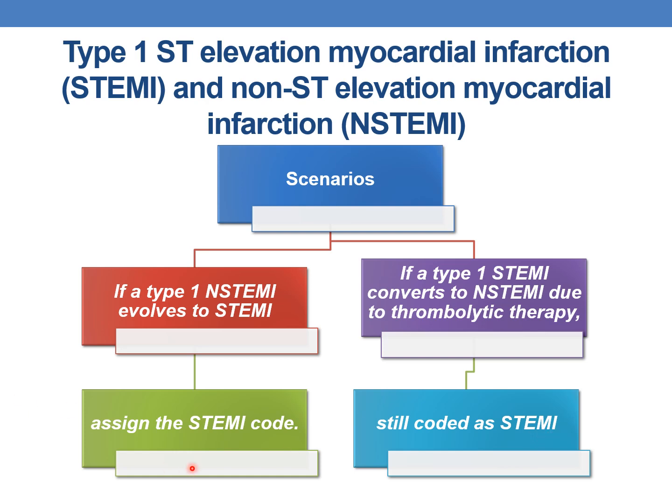In either of the cases, you need to assign the ST elevation myocardial infarction code only. If non-ST gets converted to ST, then also you need to code ST elevation myocardial infarction. And if a type 1 ST elevation myocardial infarction gets converted to non-ST elevation myocardial infarction due to the thrombolytic therapy, even in this case you need to code the ST elevation myocardial infarction codes only.